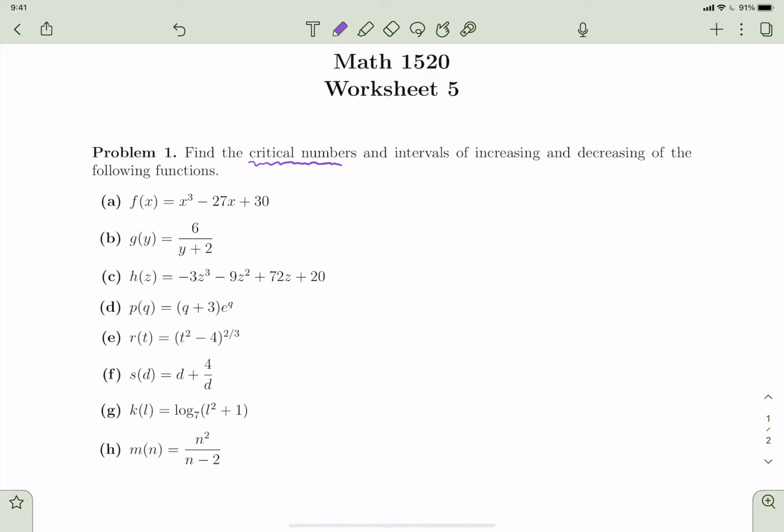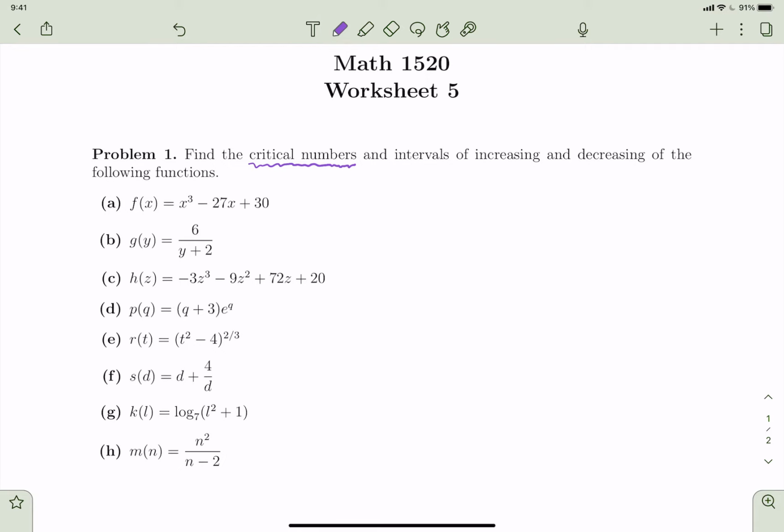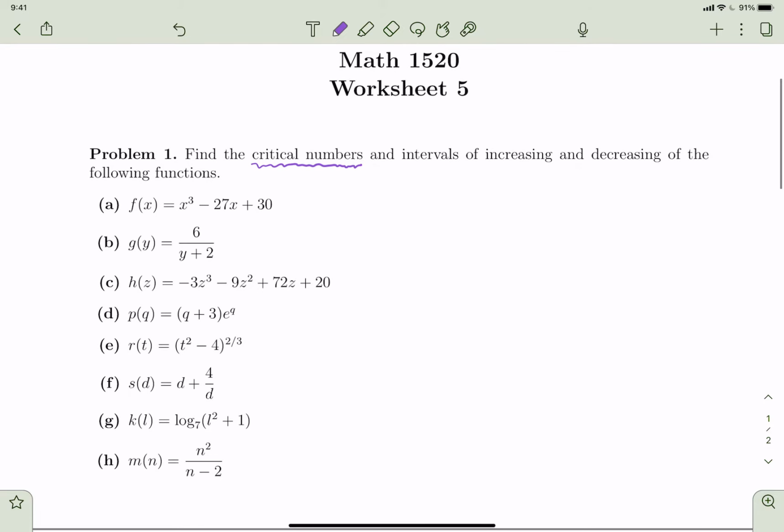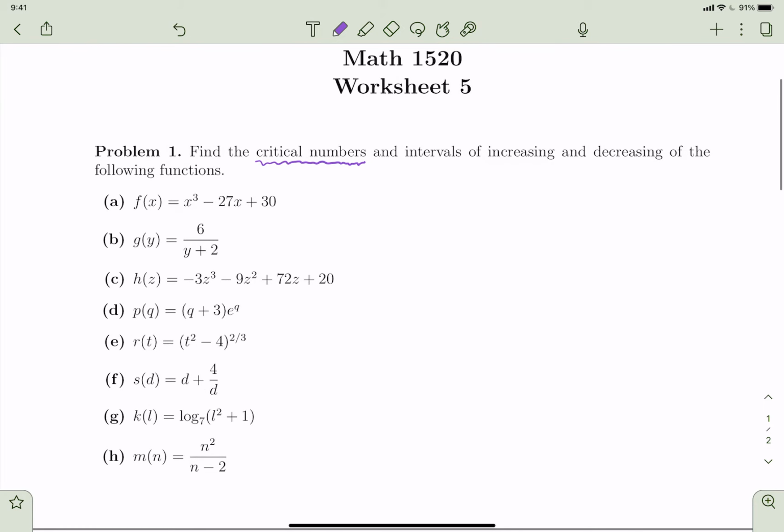We know that critical numbers are those numbers inside the domain of a function which either makes the derivative equal to 0 or makes the derivative not to exist. So what I'm saying here is critical numbers, firstly, must be in the domain.